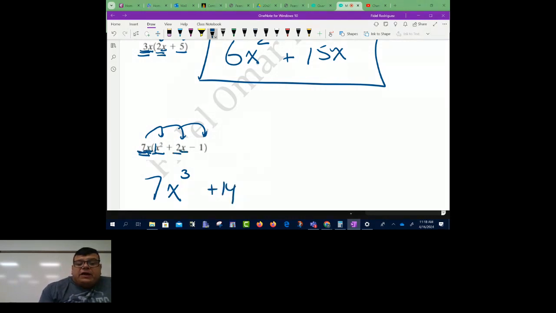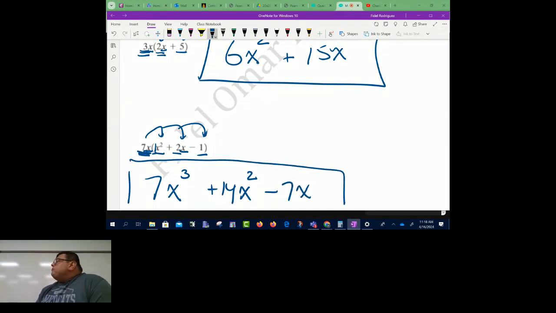X and another x, x to the power 2, or x squared. And then 7x times -1 is just a minus 7x. Again, because all of my powers are different, one's an x to the third, one's an x squared, and one's an x, I can't combine them, and that's where we stop. Okay.